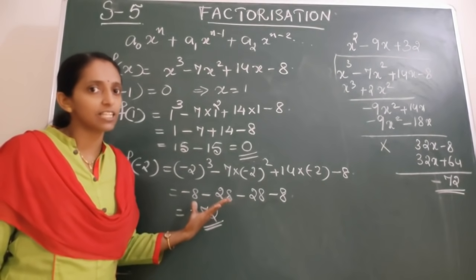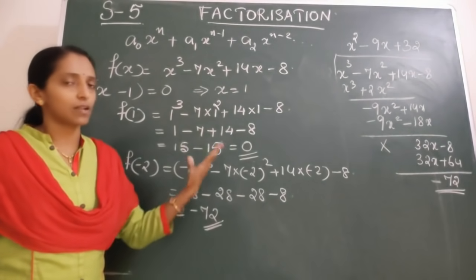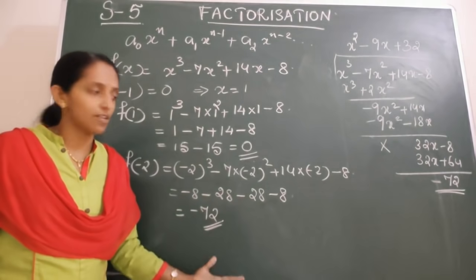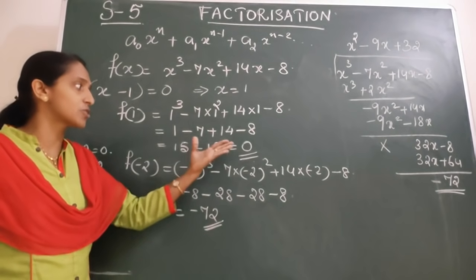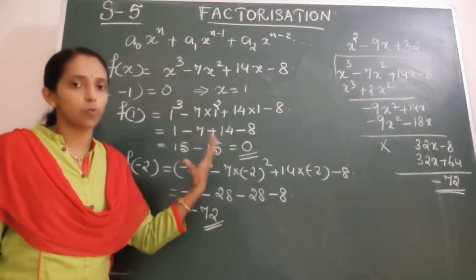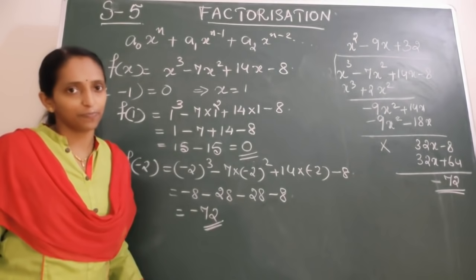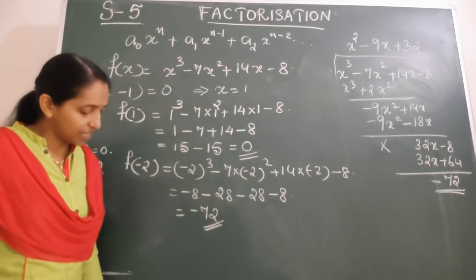I think everything is clear to you. So without the actual division, you can calculate the remainder value, as well as check whether it is a factor of f of x by substituting in the given polynomial. Clear? So up to here it is clear.